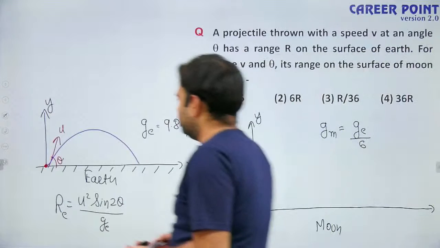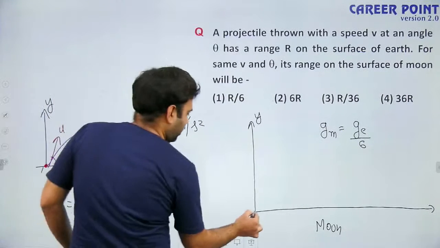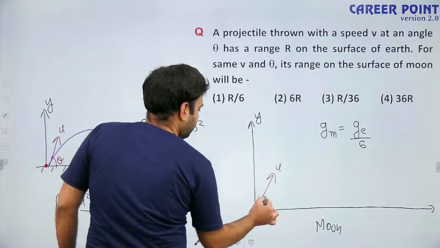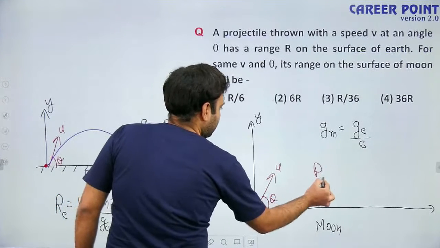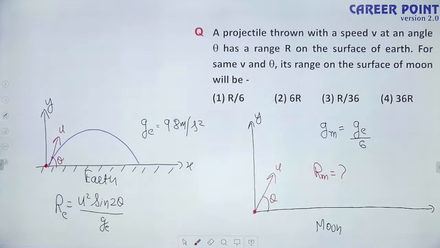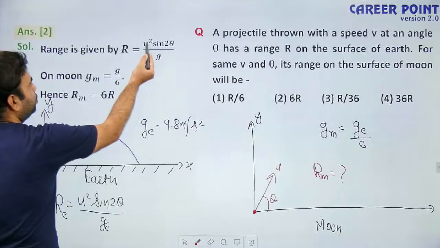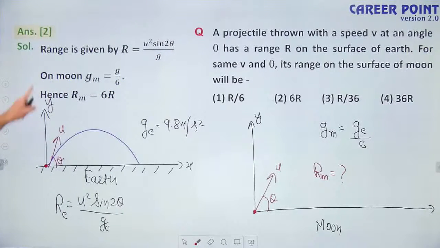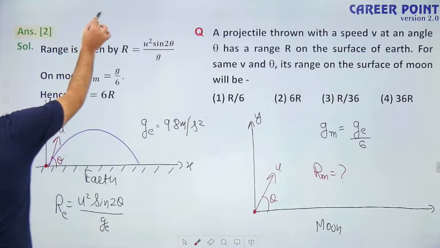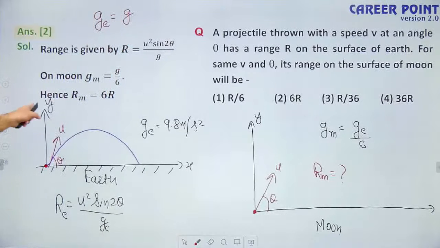Okay, so if we are throwing this projectile with same speed, with same angle, it is asking the range on moon. So see this. Range is given by R equals u square sine 2 theta by g. On moon, if acceleration due to gravity on earth I consider as g, then on moon acceleration due to gravity will be g by 6.